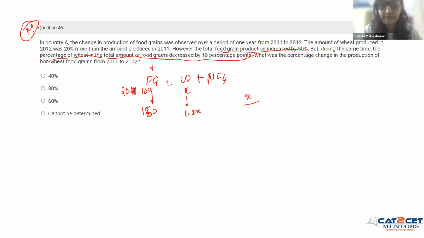So x by 100 into 100 minus 1.2x by 150 into 100 is a decrease of 10 points. So this is x minus 0.8x equals 10.